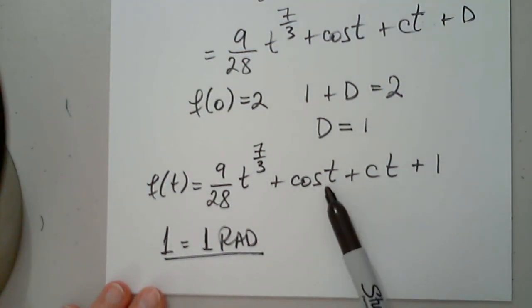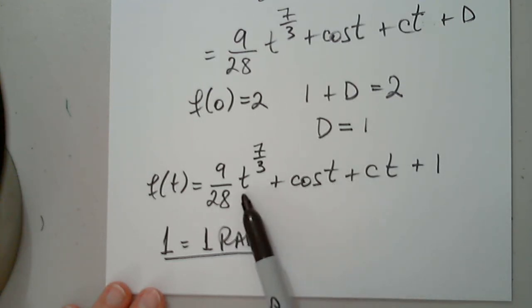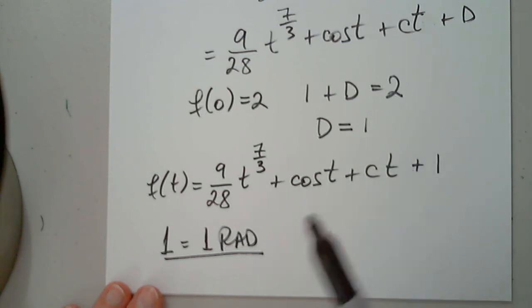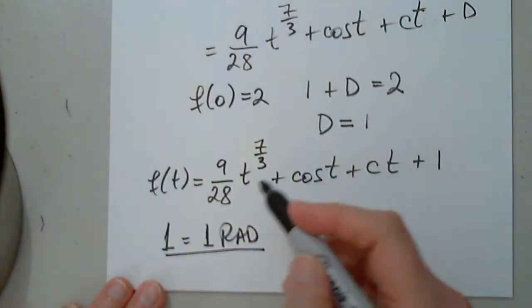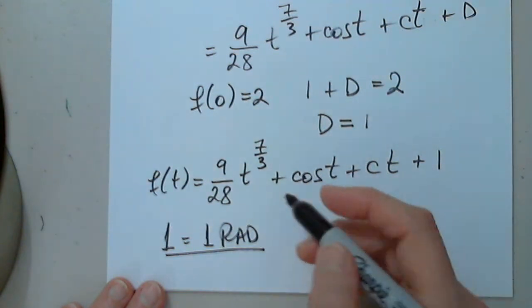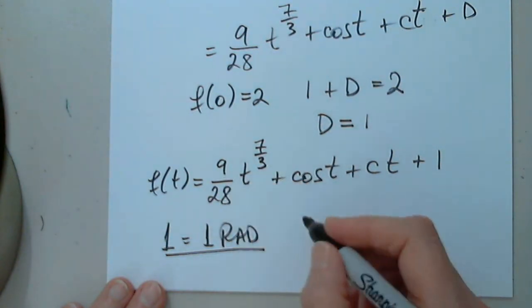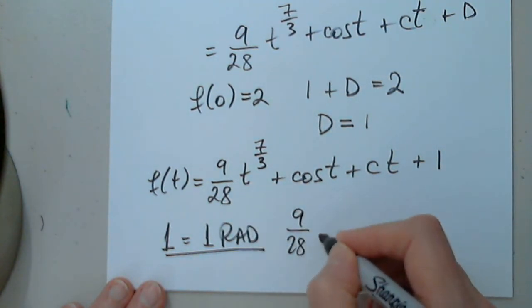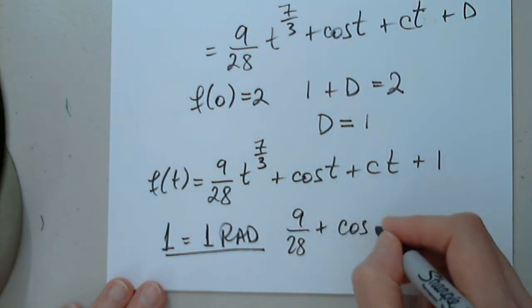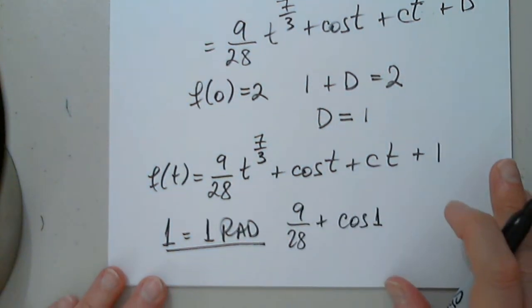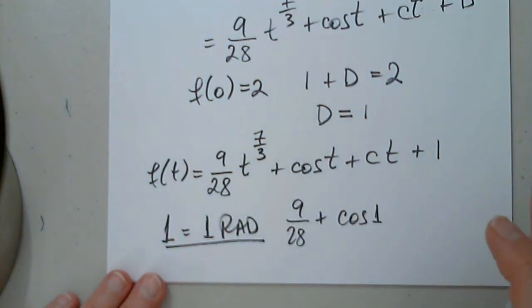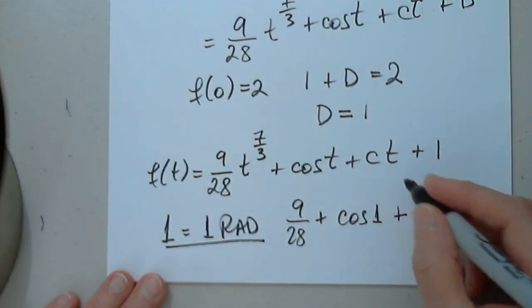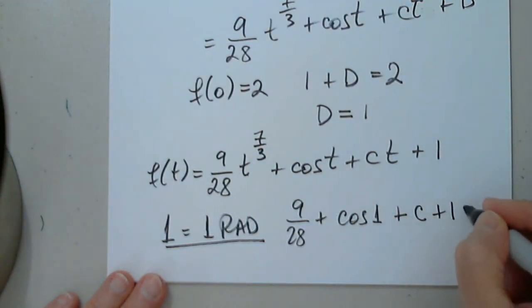I can't put 1 in here and degrees here, and this is very important. So f of 1 is 2. So this is 1, so 9 over 28 plus cosine 1 radian. No one knows what that is, and we don't really care. Plus c plus 1 equals 2.